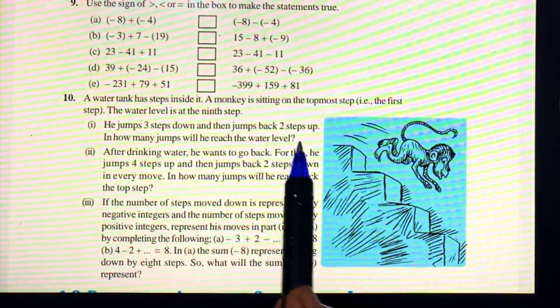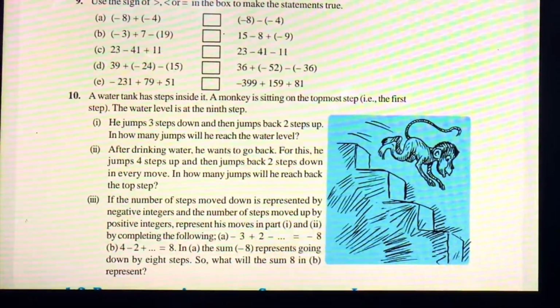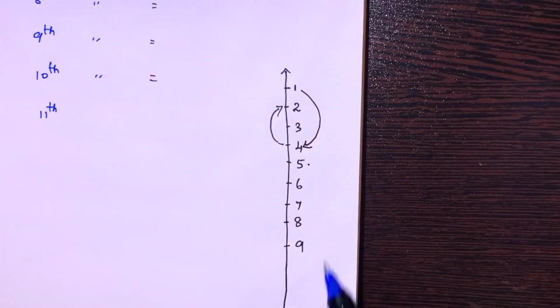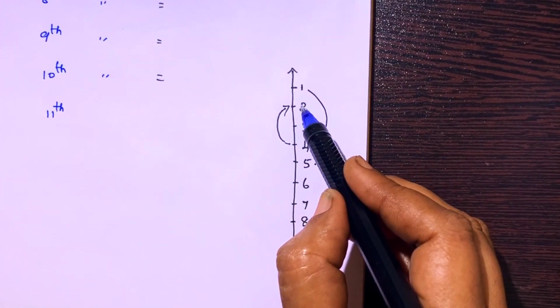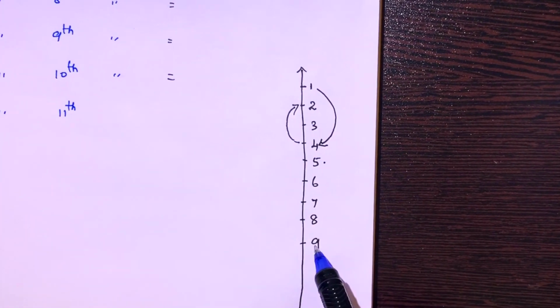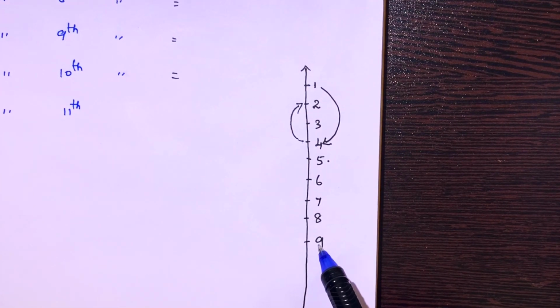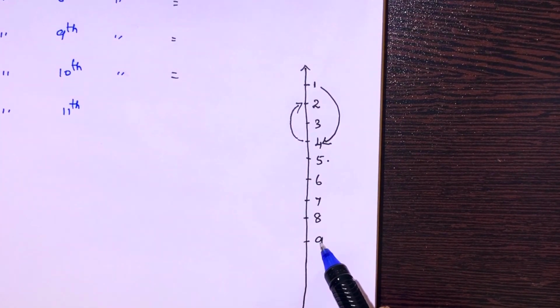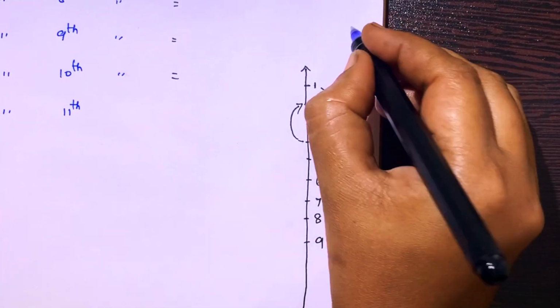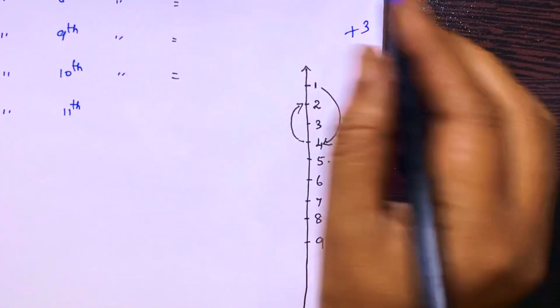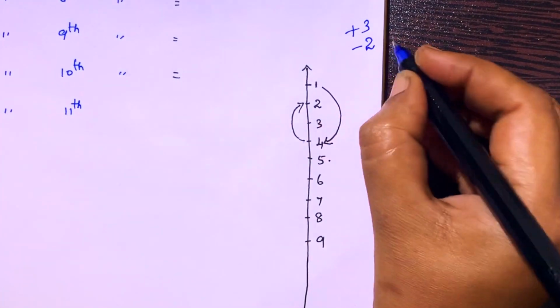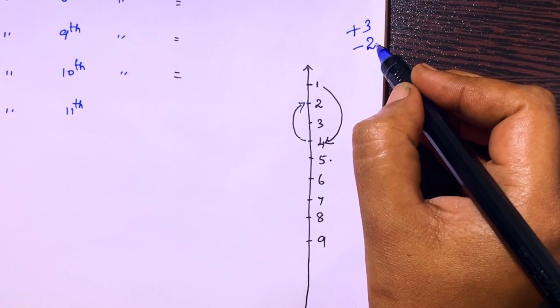Now, I have drawn a number line for you. This is the first step, second step, like this. Here the 9th step. So, moving forward I will always take as a positive integer, so +3. Moving backward is -2 steps. So +3 -2.